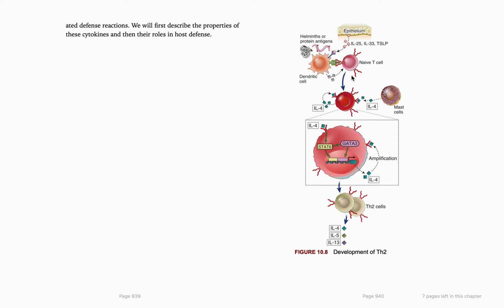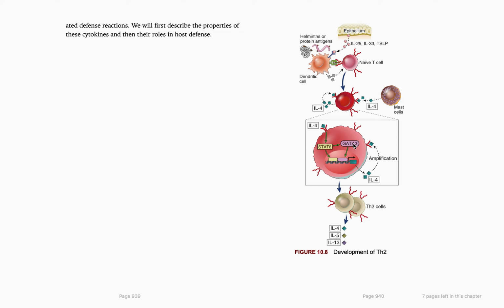When it is activated, it produces interleukin 4. The naive T cell, if it interacts with helminths, produces interleukin 4. Interleukin 4 goes around by itself and causes more activation of cells, and when interleukin 4 goes within the cell, it causes the activation of STAT6 and GATA3.